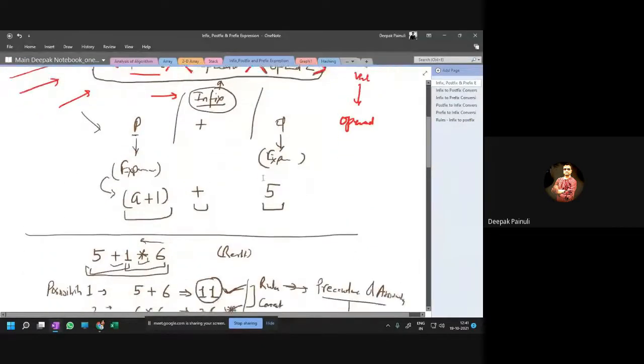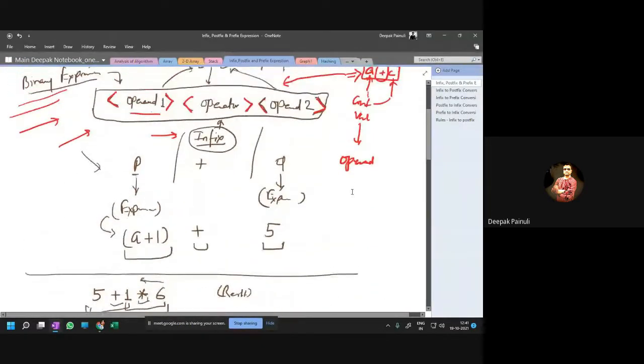Now let's say operand 1 could be a constant, it could be a variable, or apart from these two, it could also be an expression.